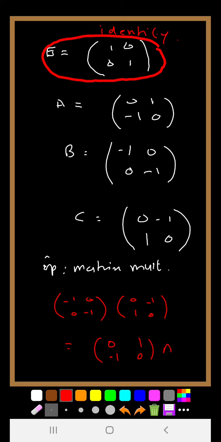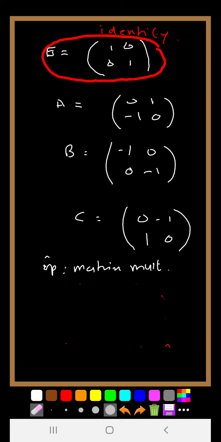So this is A. So B dot C is equal to A, and similarly we get C dot A is equal to B as well. So we see that the multiplication of any two matrices of the group gives you another matrix which is also an element of the group. So the first condition is satisfied. Also the second condition, that means (A dot B) dot C is equal to A dot (B dot C), is also satisfied.